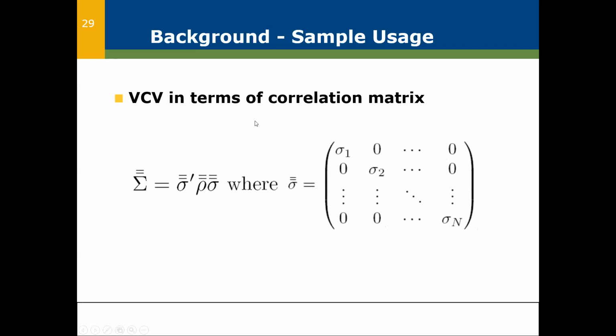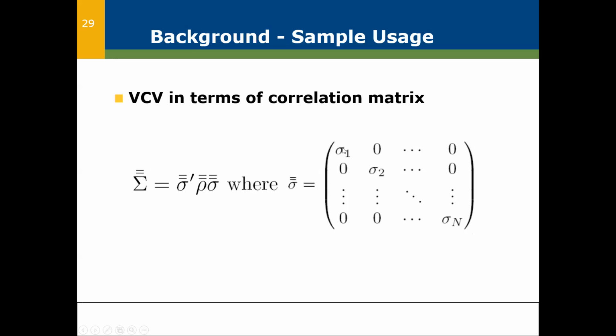And then we can write the VCV matrix in terms of a volatility matrix, a correlation matrix, and a volatility matrix. These volatility matrices are really just vectors, but we expand them out in the matrix and put the vector components along the diagonal.